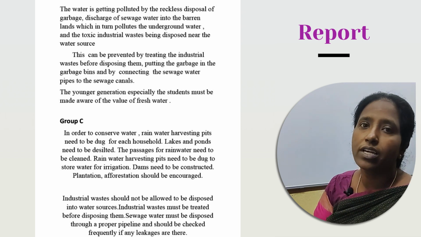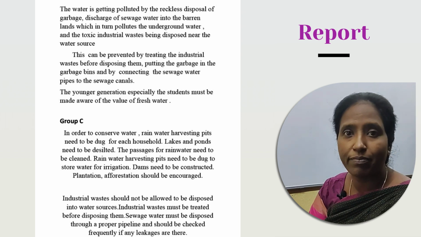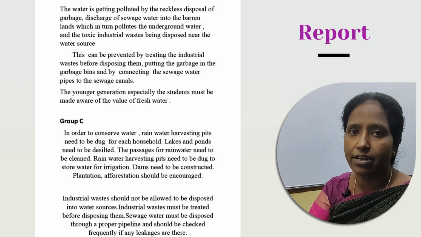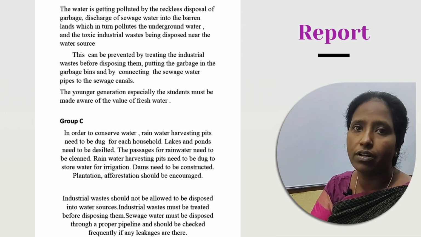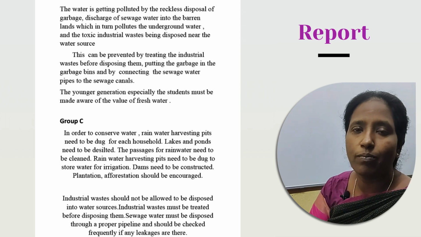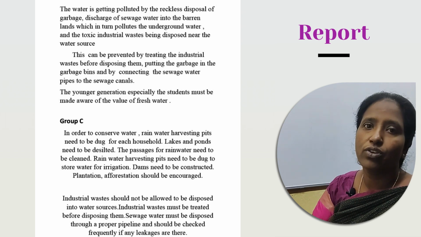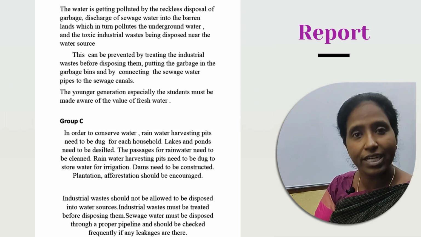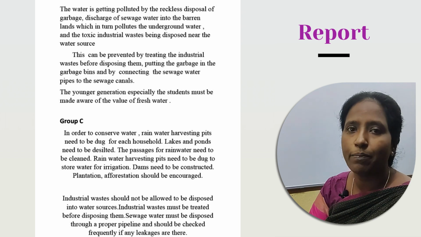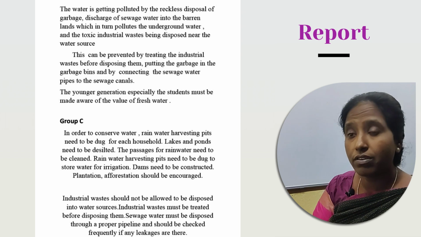Desilted means during the rainy season the water flows, and with that so much mud also comes, and in the lake or pond that mud gets deposited. So the amount of water that can be collected becomes less. When you remove all that mud, that is called desilting, and more water can be saved. The rainwater can be conserved for future use.